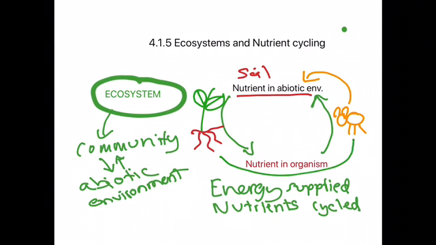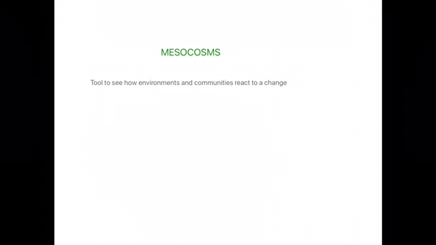Now, the IB also wants you to know about something called mesocosms. Mesocosms are just a system to examine an environment under controlled conditions. Mesocosms can either be terrestrial or aquatic.